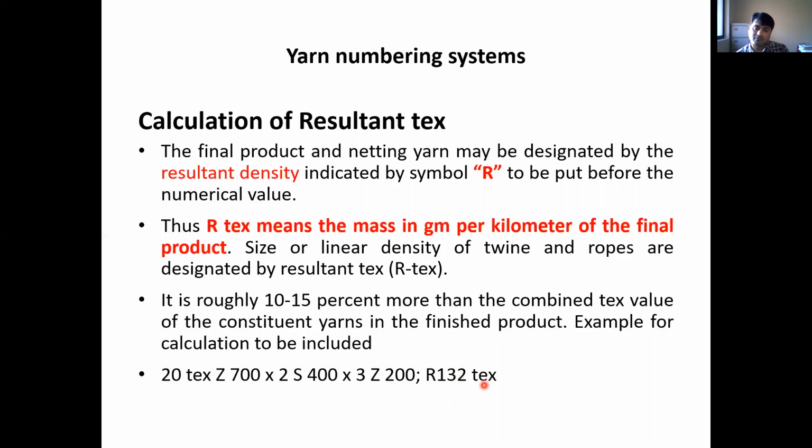तो 10 to 15% इंक्रीज कैसे हो जाता है? क्योंकि वी हैव टू मल्टीप्लाई ऑल द 3 टेक्स वैल्यू। जनरली इफ वी आर मल्टीप्लाइंग ऑल दिस 3, तो वो जनरली 10 से 15% कम आएंगे। बट बिकॉज वी आर गिविंग ए ट्विस्ट, because of this twist now we have to give 10 to 15% more tex value.